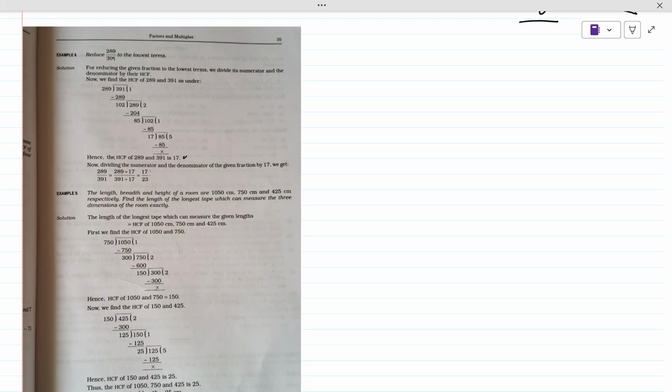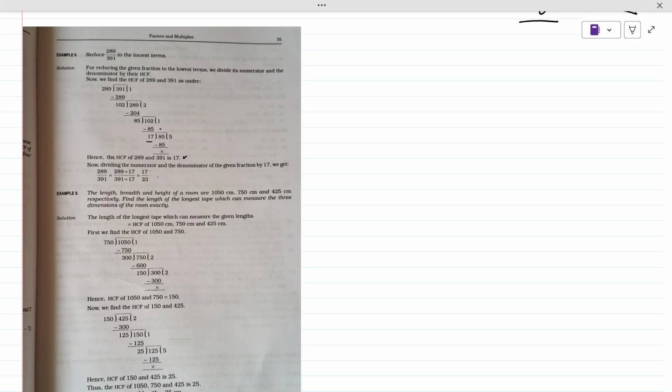So using these two, we have found their highest common factor, which is 17. So we are going to divide both with the same number, that is 17, so that we get the lowest term here. So the lowest term is 17 by 23.